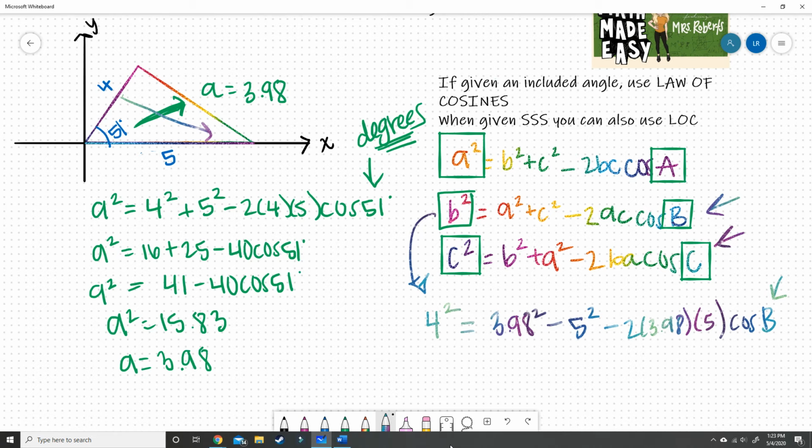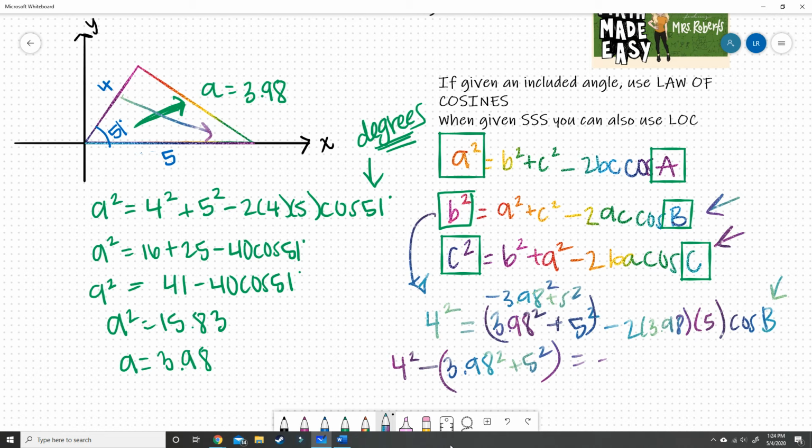Now we need to simplify and get cosine of b by itself. Make sure you do the order of operations correctly. So what we can do is 4 squared minus 3.98 squared plus 5 squared. This is supposed to be a plus sign there. So I subtracted this business from both sides.